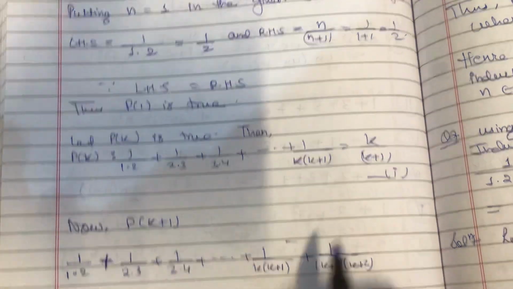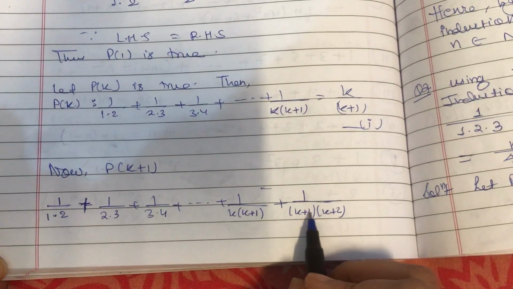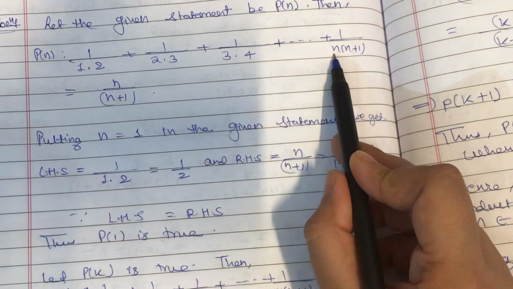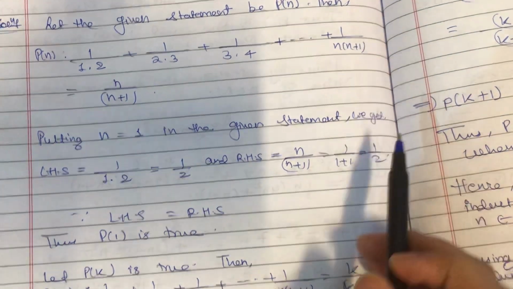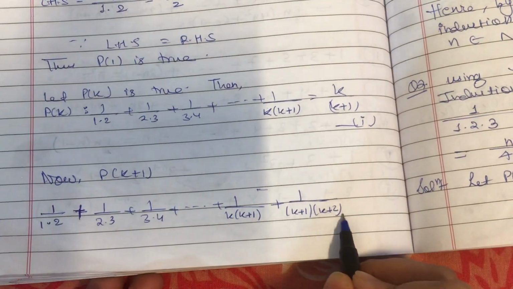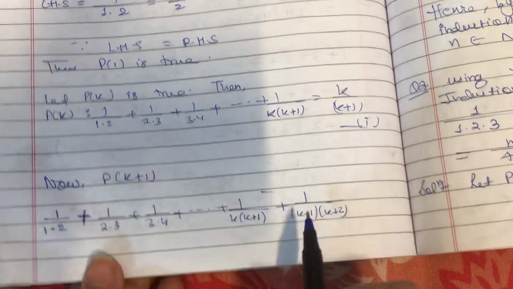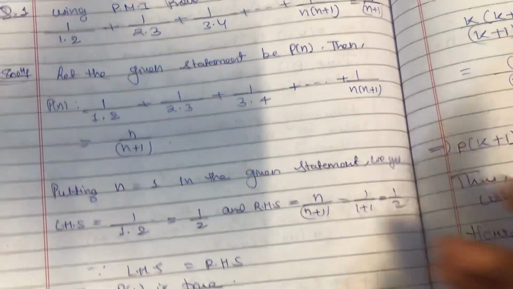In the main equation it is n into n plus 1, so in place of n I put k plus 1, then k plus 1 plus 1 is k plus 2. So k plus 1 into k plus 2. This is how I'll write it. Now I have to prove that this is equal to this much in terms of k plus 1.